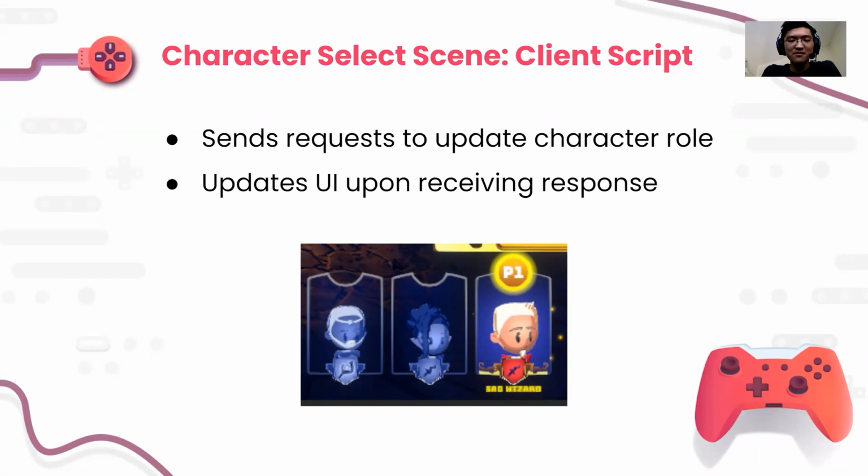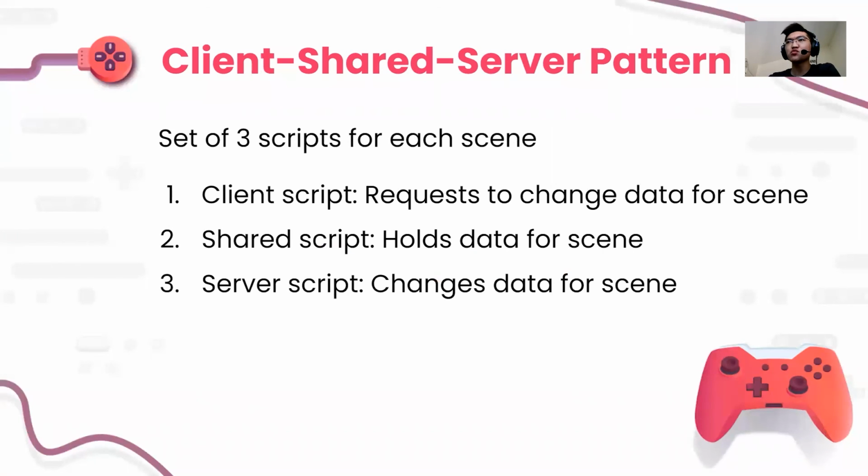Something important to note is that the UI serves as the user's view into what the game state is at any given point in time. Whenever the game state is changed, the UI should change with it. And the UI can only change when it gets notified by the shared scripts.